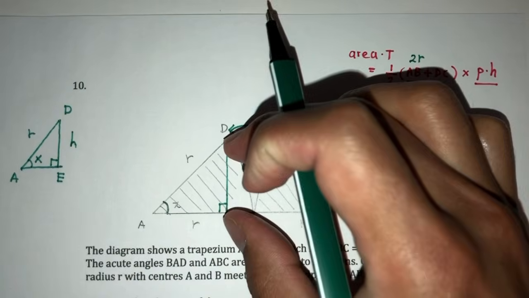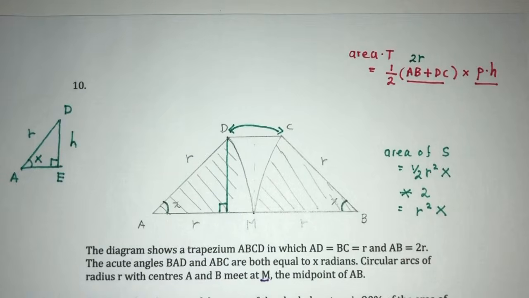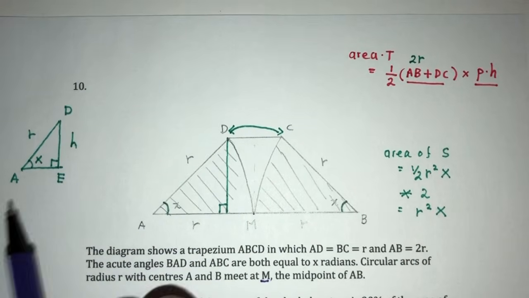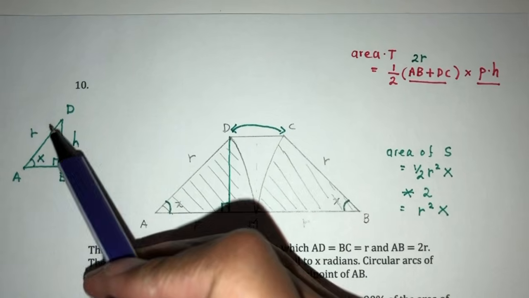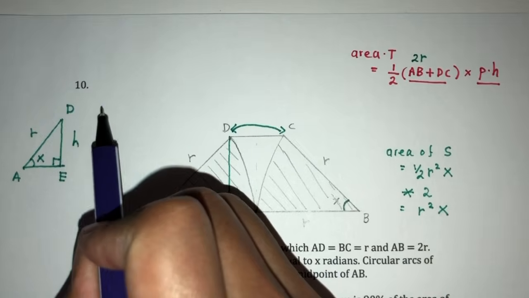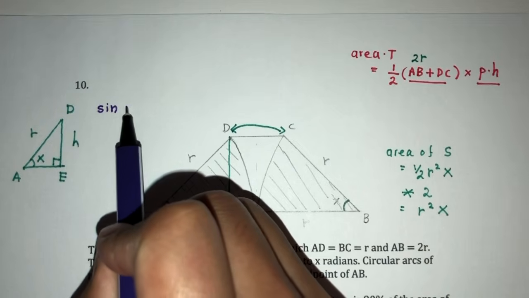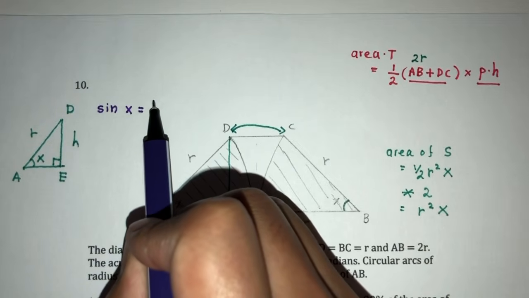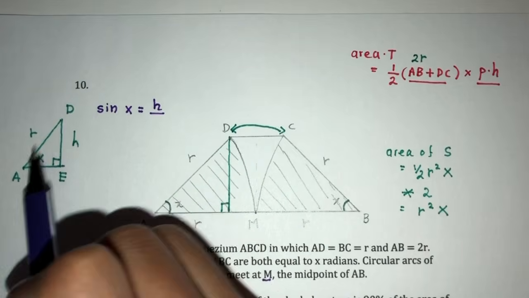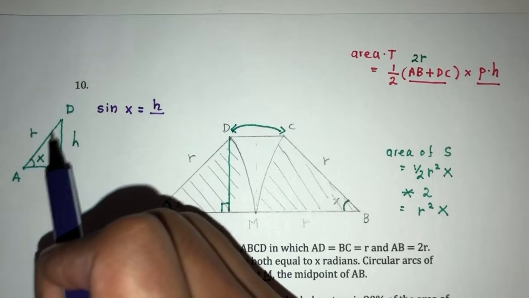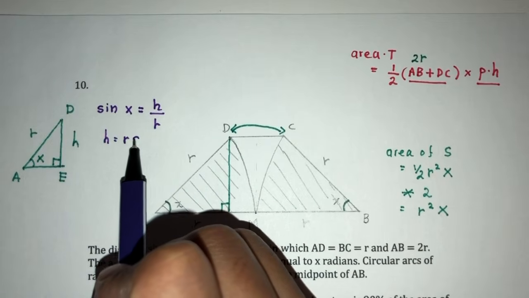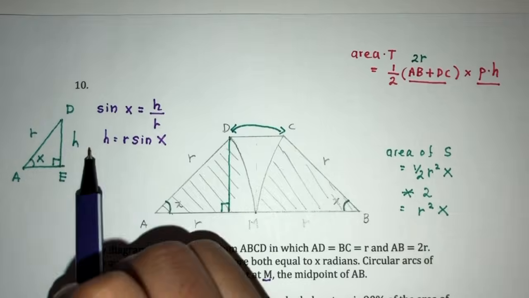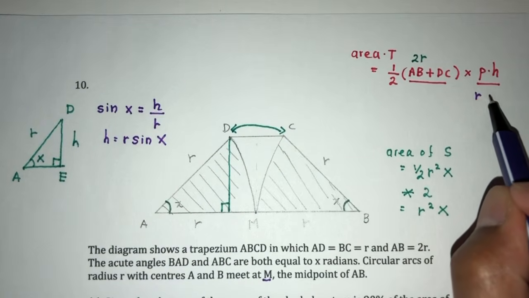This is the vertical height, this is the perpendicular height. Let's find that first. Now as you can see, we have a right angle triangle. We can use SOHCAHTOA to find this. We have this side, we want to find this, we can use sine. So sine of the angle is equal to the opposite side, h, over the hypotenuse, which is r, right? So h has to be r sine x. That is my height, which is r sine x.